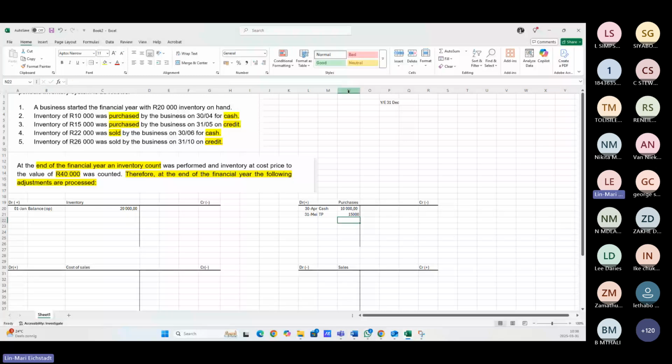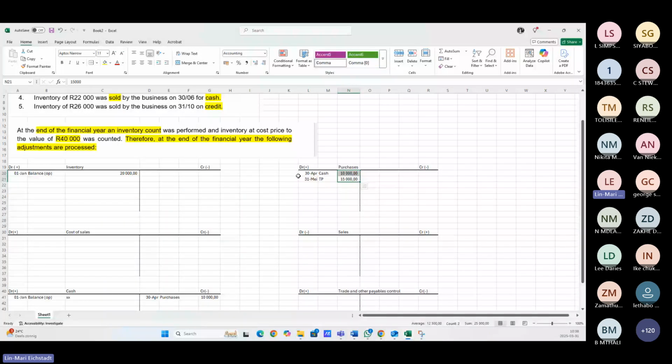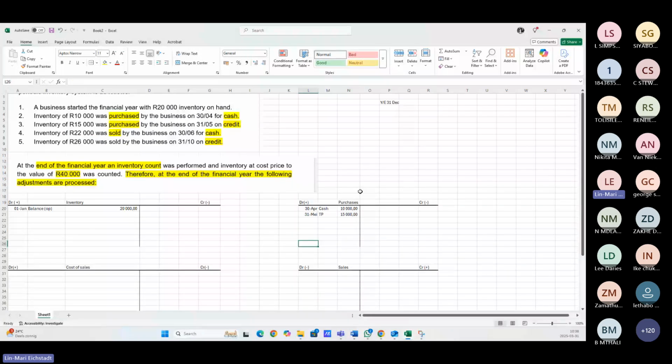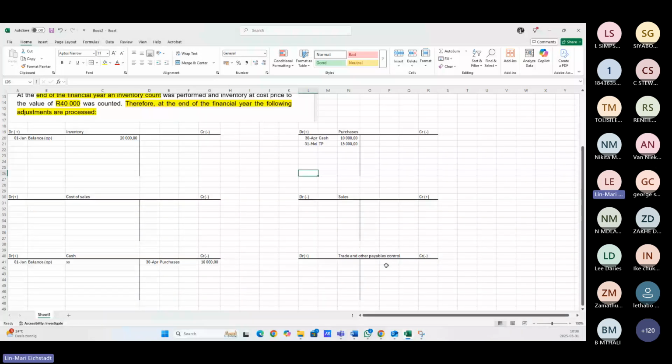So we made our inventory more because on the debit side, our purchases in this case, because it's the periodic system, becomes more on the debit side, and we would have also increased, sorry, this is the wrong way around. Our trade and other payables increases on our credit side, because we owe the supplier the money.